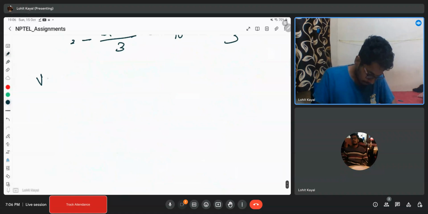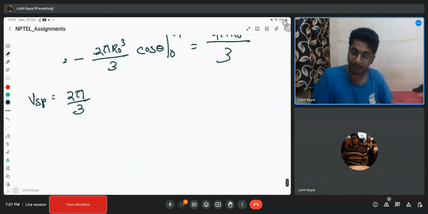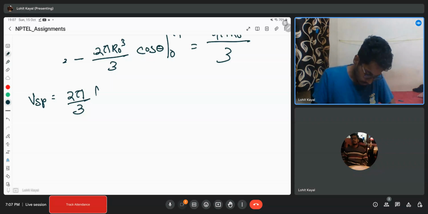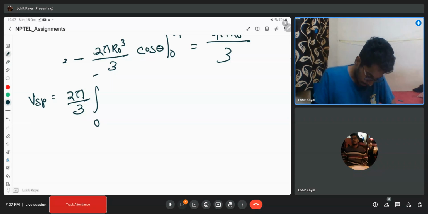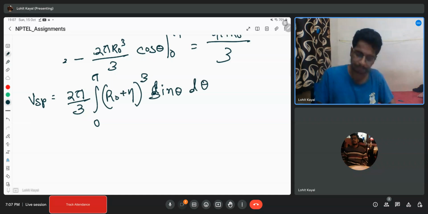So now V_sp will be 2 pi by 3. Remember that we have considered that it is axisymmetric, so eta is not a function of phi. Eta is a function of theta and t only. So, 0 to pi, r naught plus eta whole cubed, sine theta d theta.